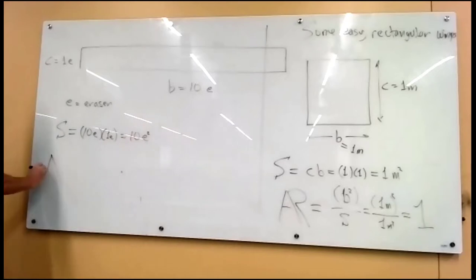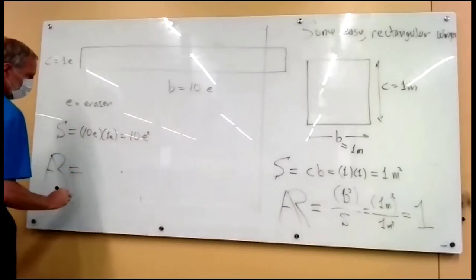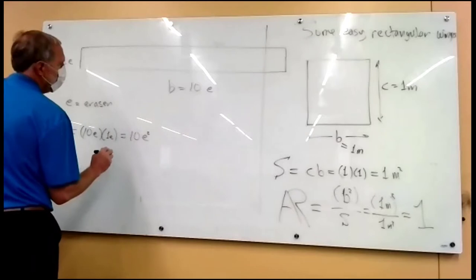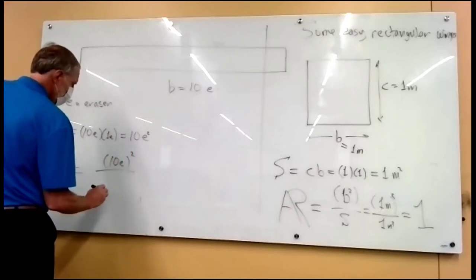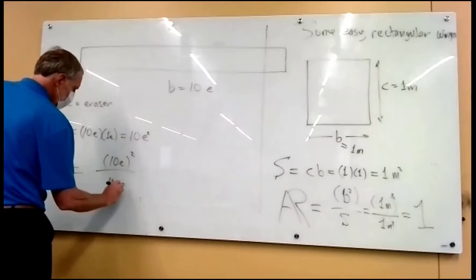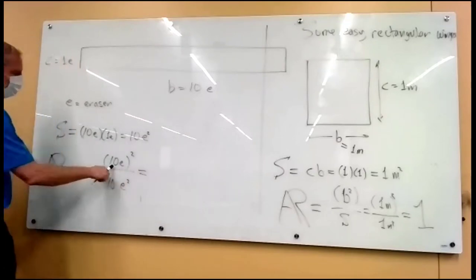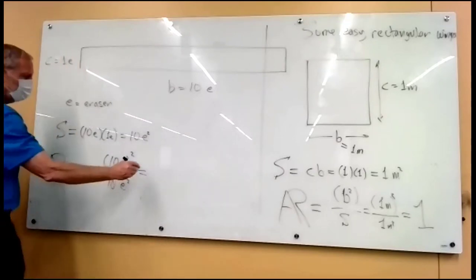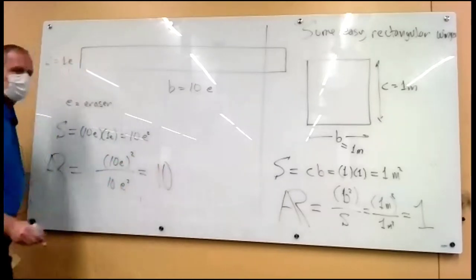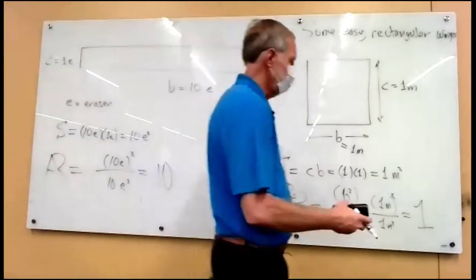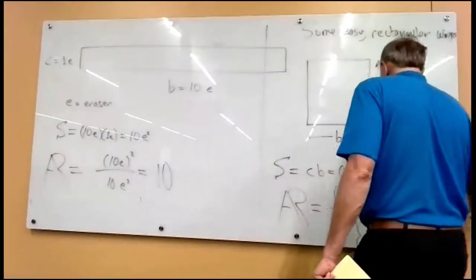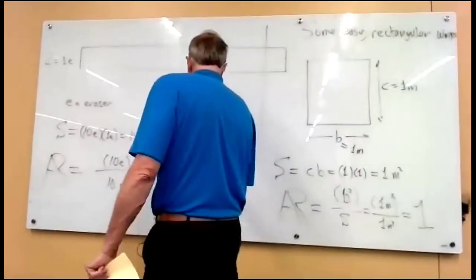And then the aspect ratio is going to be B, which is 10 erasers squared, divided by 10 erasers squared. So 10 squared is 100 divided by 10. So this thing has an aspect ratio of 10. So an aspect ratio of 10 is pretty much long and thin.